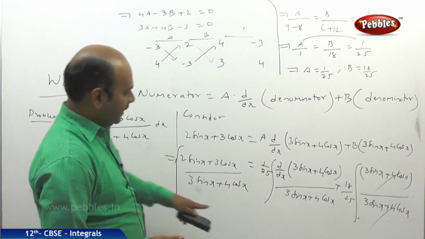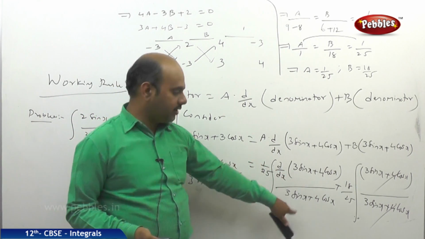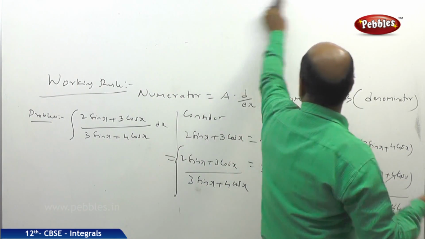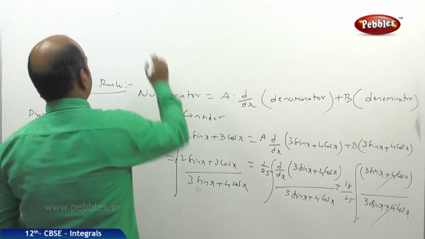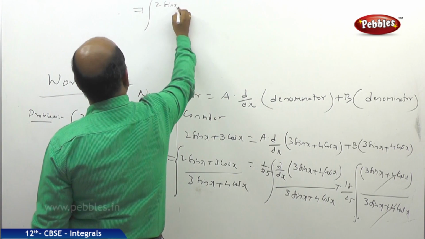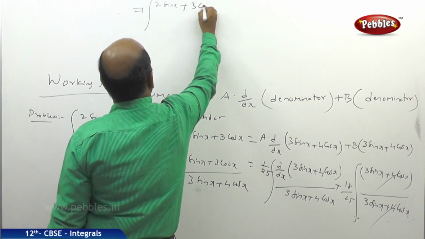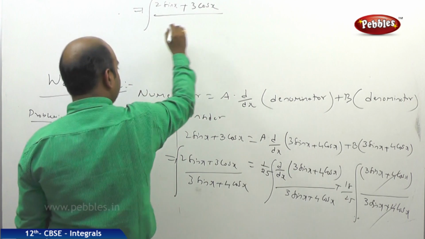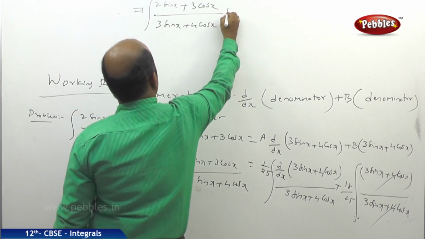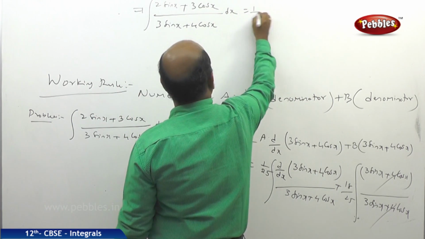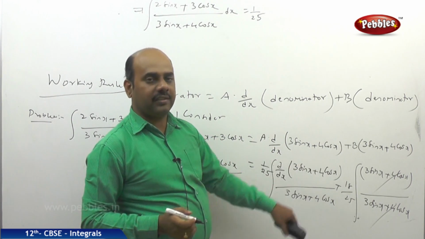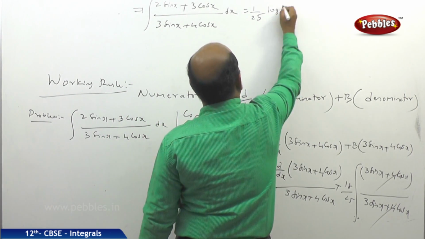If you observe carefully, again it is of the form 1 by 25 into f dash x by f of x. F dash x by f of x means log mod f of x. So that implies the integral of (2 sin x + 3 cos x) divided by (3 sin x + 4 cos x) dx is equal to 1 by 25 integral of f dash x by f of x, which is log mod f of x.